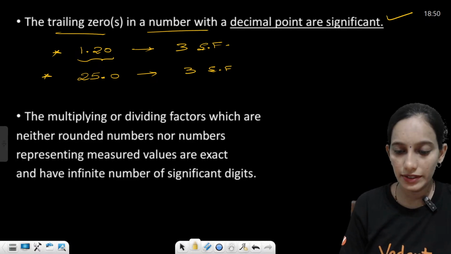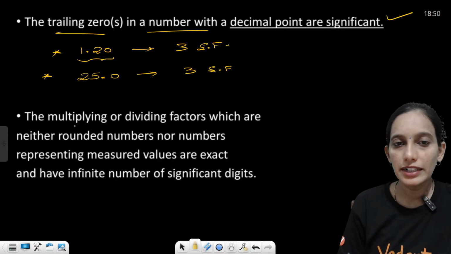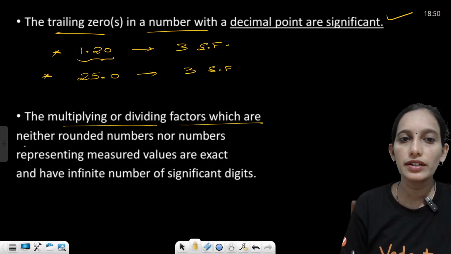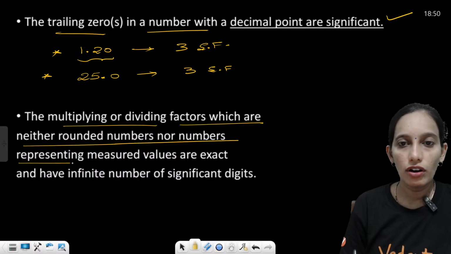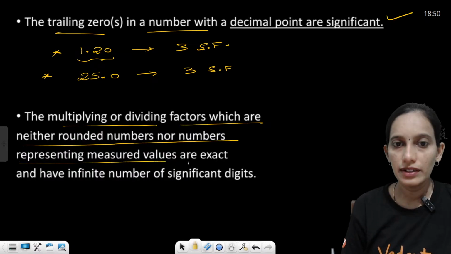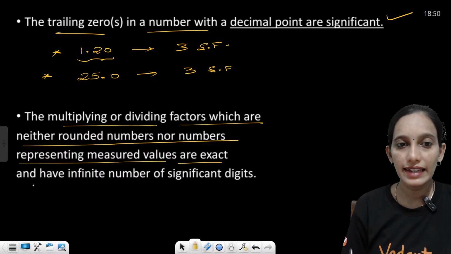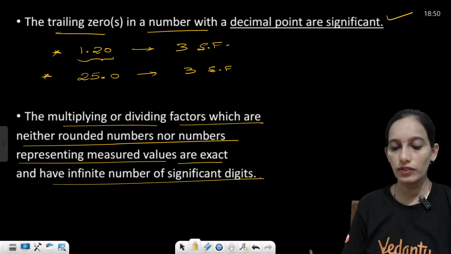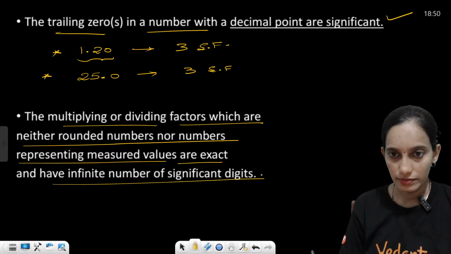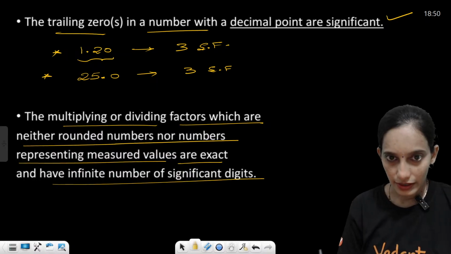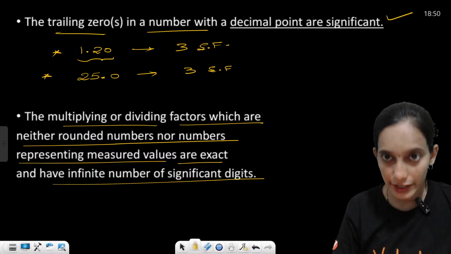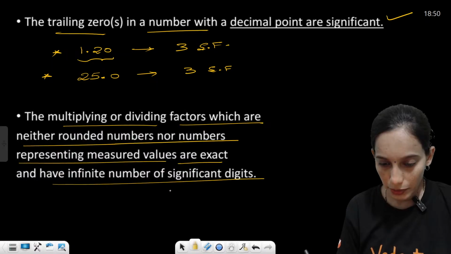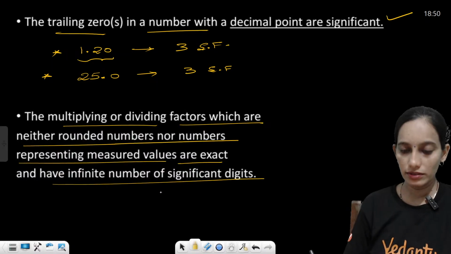The next one is: multiplying or dividing factors which are neither rounded numbers nor numbers representing measured values are exact and have an infinite number of significant digits. I got some response for some question as 2 significant figures.